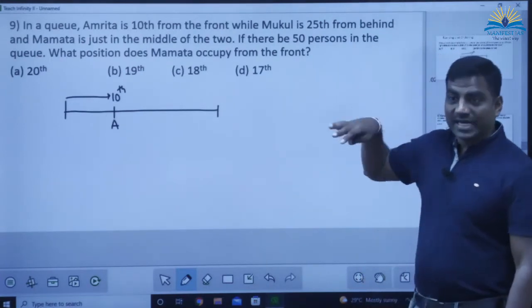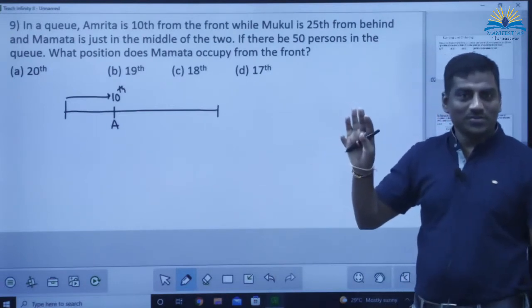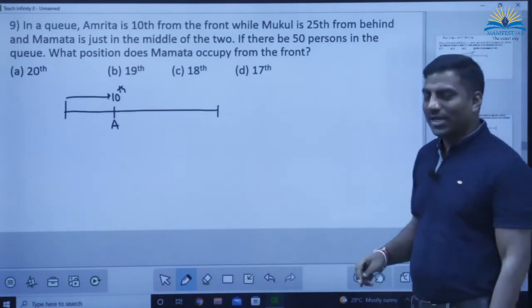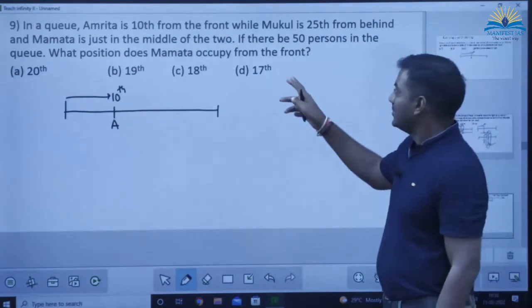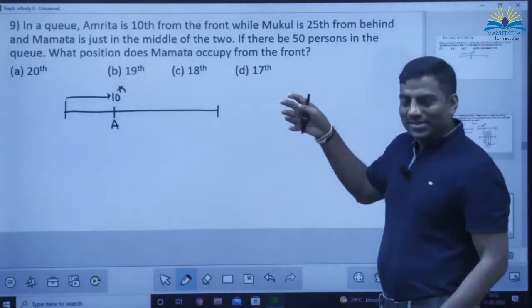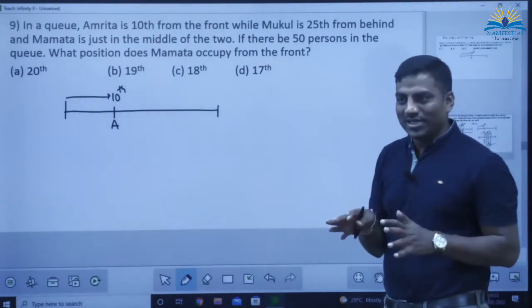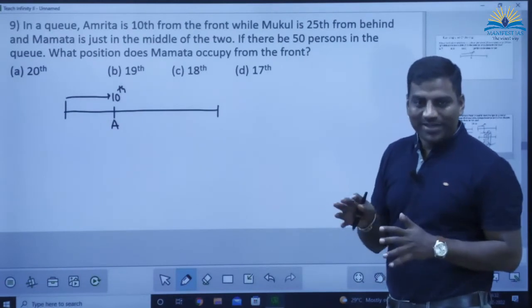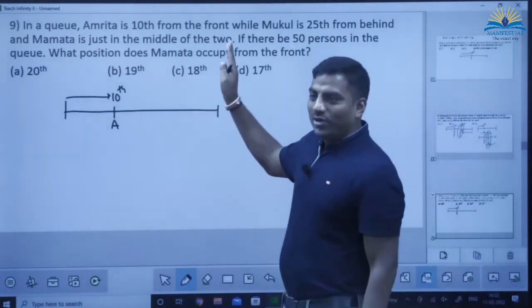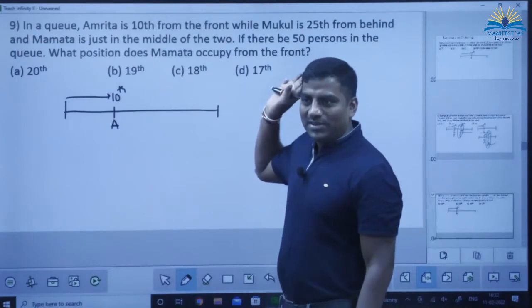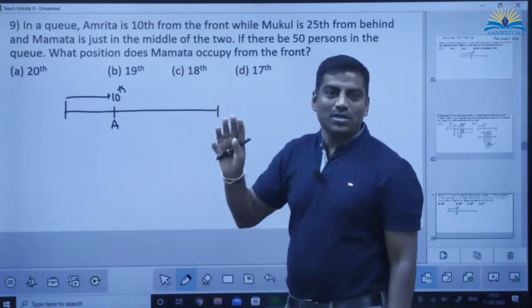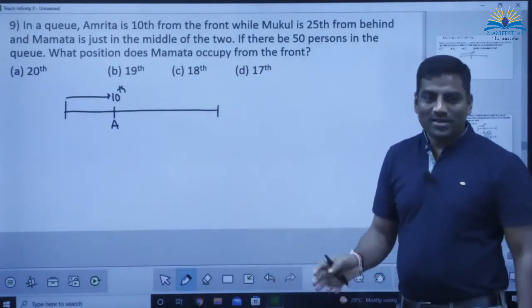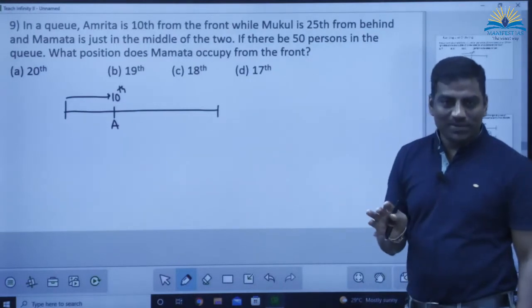Okay, you already read the second sentence also. Okay, I am slow, and I'll show you my speed. See, I want you to understand a few things. Don't overread. Okay? If you don't know the total of 50, then where would you put Mukul?